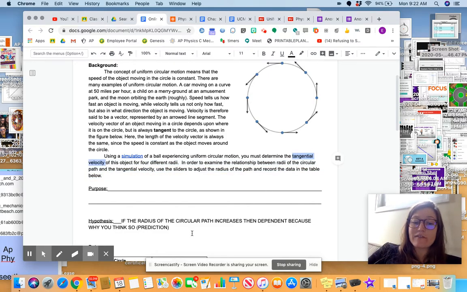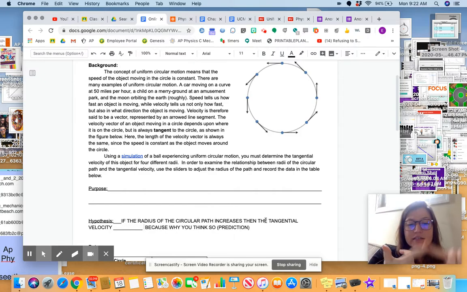So you should have, if the radius of the circular path increases, then the tangential velocity blank. You're going to fill in that blank with either increase, decrease, or stay the same. Because, explain why you think so.